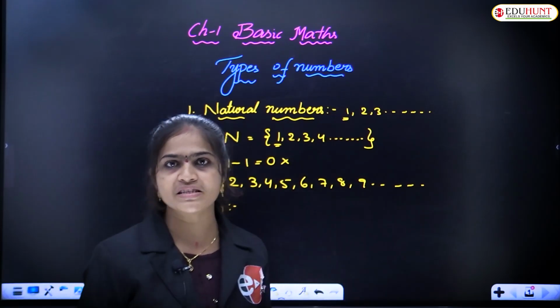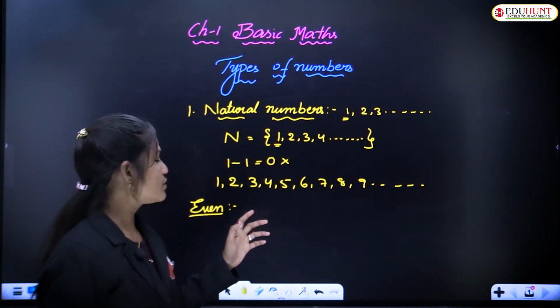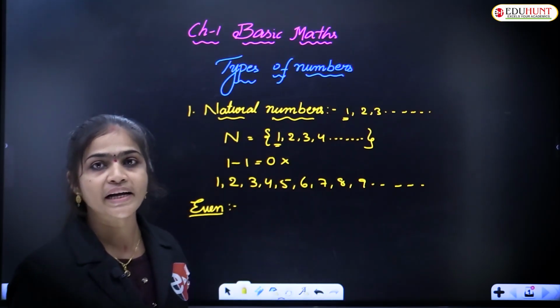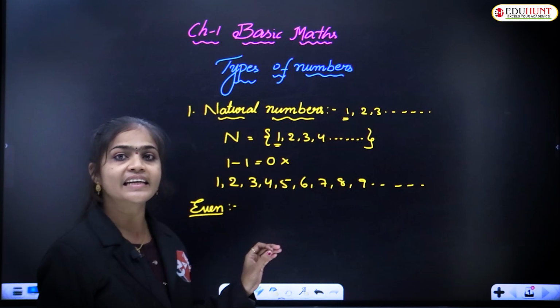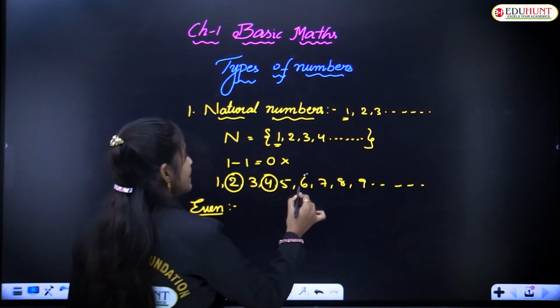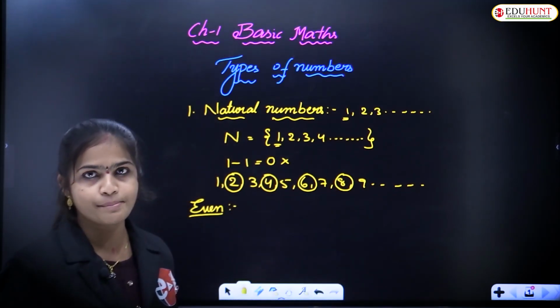Already we learned in the previous classes, no? Just in oral form I will tell you. Listen. Even numbers mean the numbers which are exactly divisible by 2. Those numbers are known as even numbers. So 2, 4, 6, 8, 10 and so on are known as even numbers.